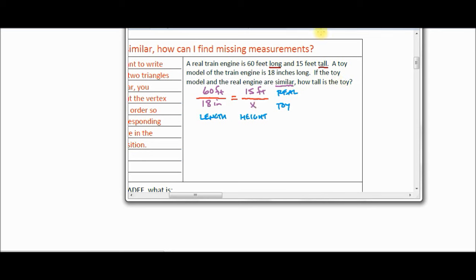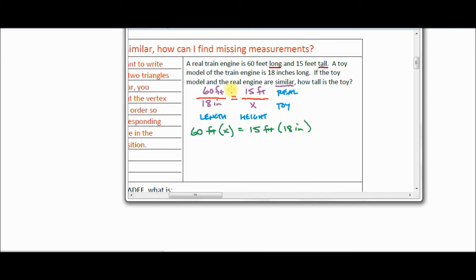So now we've got a proportion. The most important thing, class, is to set this up right. Once you set it up right, you know how to solve proportions, and you can just go ahead and use cross product property. So 60 feet and x are going to go together. Notice, class, I didn't write the unit of measure for the variable x. You're going to find out it's going to show up all by itself. So 60 feet times x is equal to 15 feet times 18 inches.